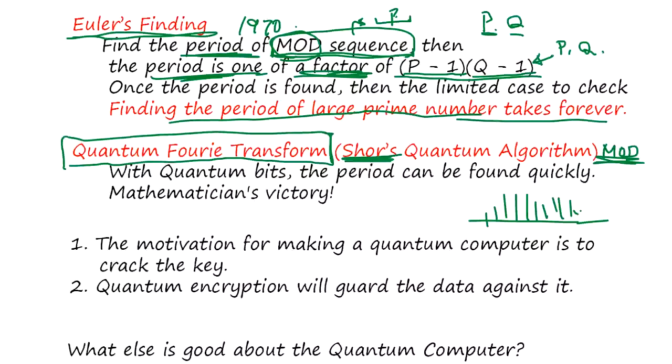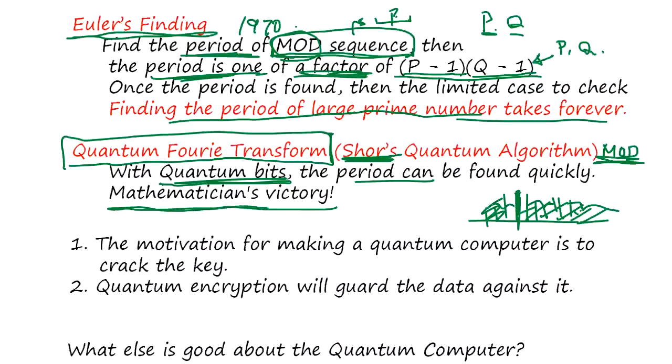If we use the entangled quantum bit characteristic, then some repeated frequencies cancel out, and only the one we are interested in shows up. This was a mathematician's victory.